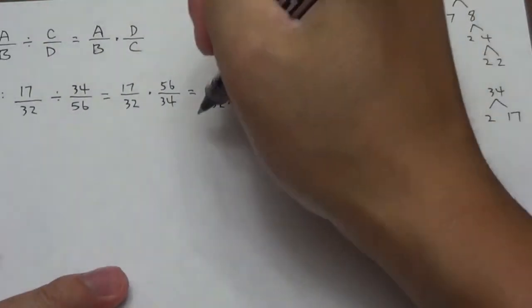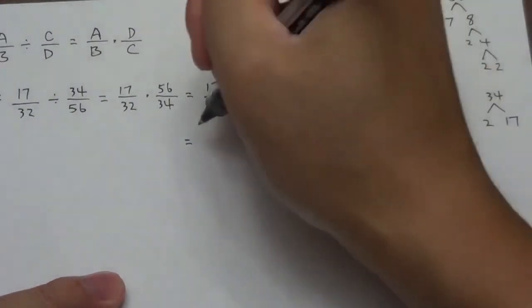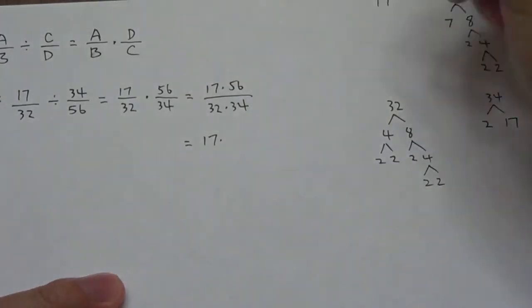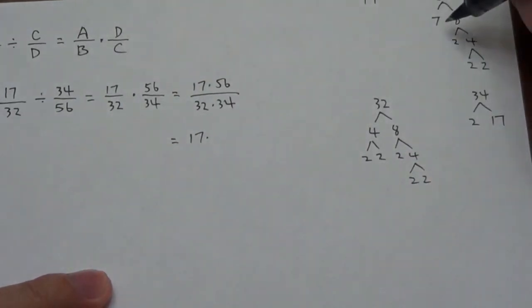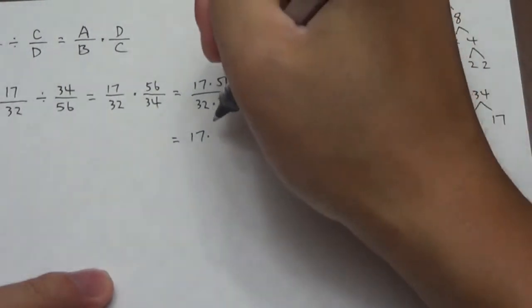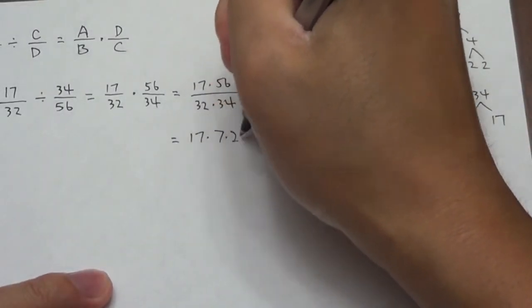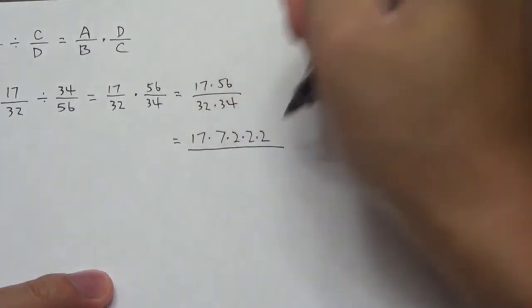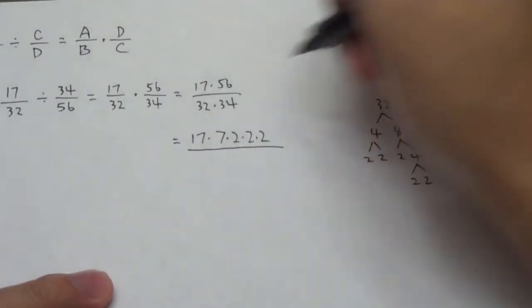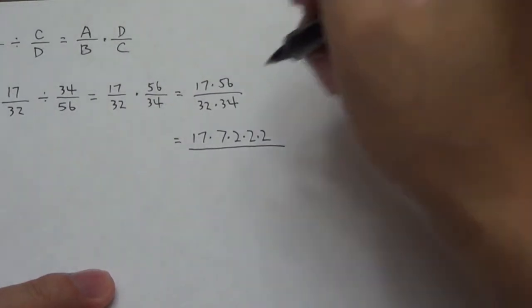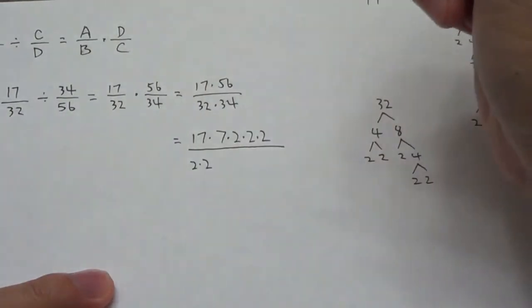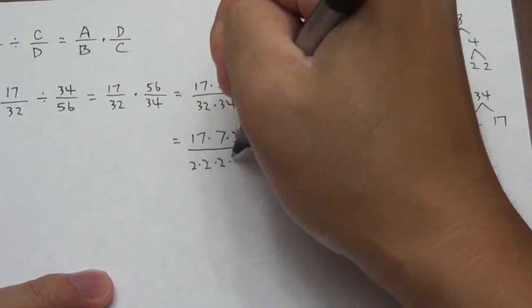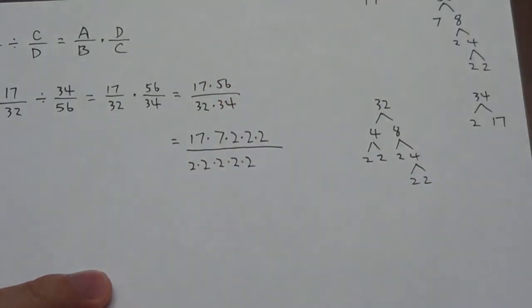So I'm going to rewrite this as 17 times 56, but instead of 56, I'm going to use its prime factor form, which is 7 times 2 times 2 times 2. All of that is over 32, which can be rewritten as 2 times 2 times 2 times 2 times 2.